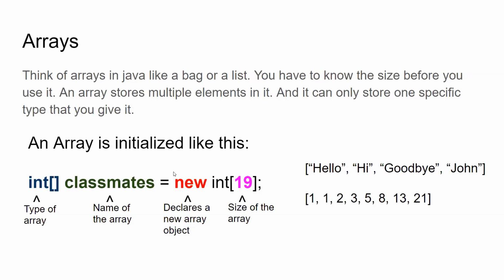So if you see new on a line in a statement, you'll know that they're making a new object. And then here we just have the size of the array in the square brackets, 19. This array will have 19 places for you to put ints in.